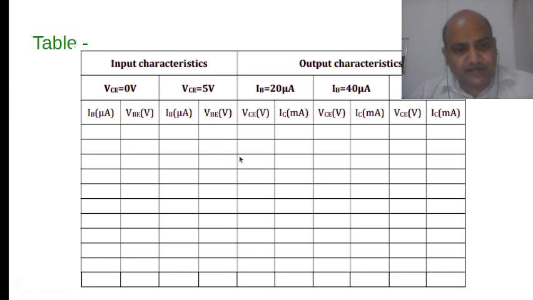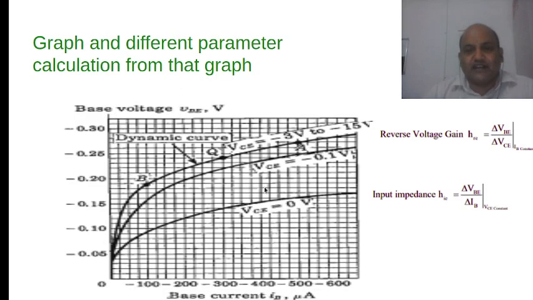If you plot this table, you will get HRE and HIE. If you plot the output characteristic, you will get HFE and HOE.